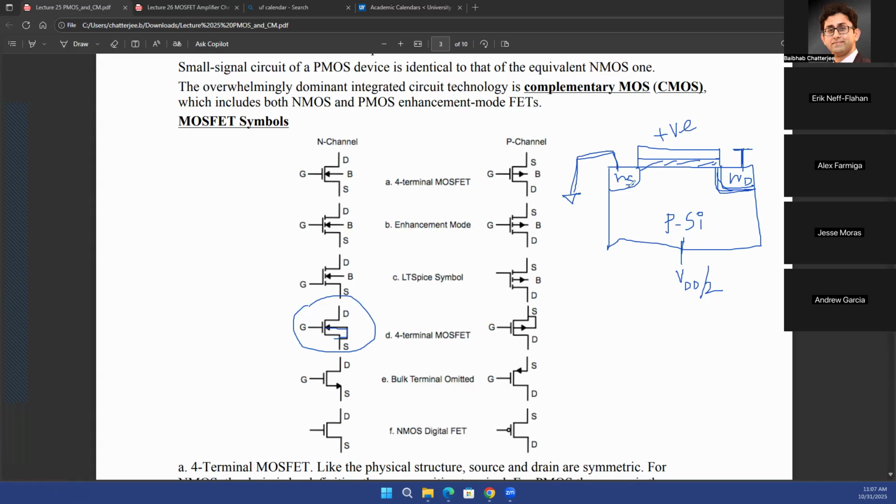So the PN junction at the source side, on the left side of the screen, becomes forward biased, because this is a higher potential and this is a lower potential. You start seeing a forward bias current in this direction, which has nothing to do with the operation of the MOSFET.